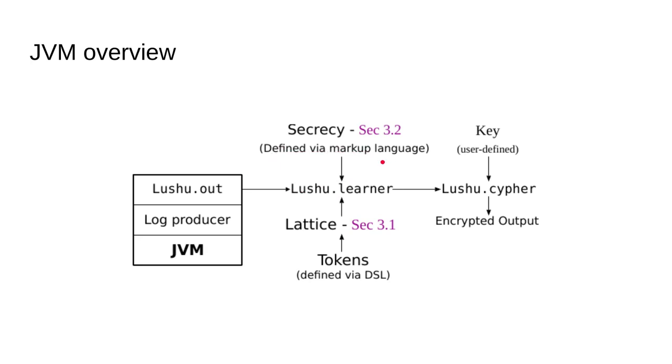The user, who can be a programmer, an administrator, or whoever, needs to define via a markup language similar to XML, which we're going to explain in a bit, where the sensitive data is in some example logs, and also a set of regular expressions that we can expect to see in those logs. And finally, we encrypt the data.